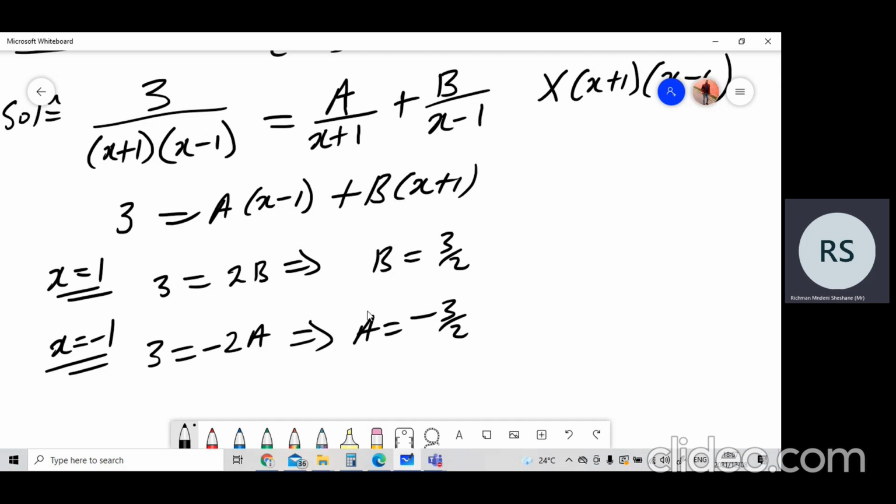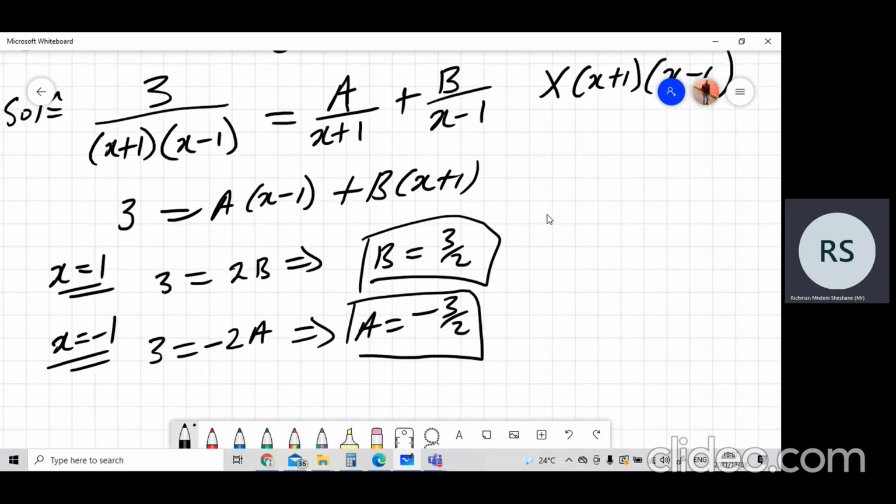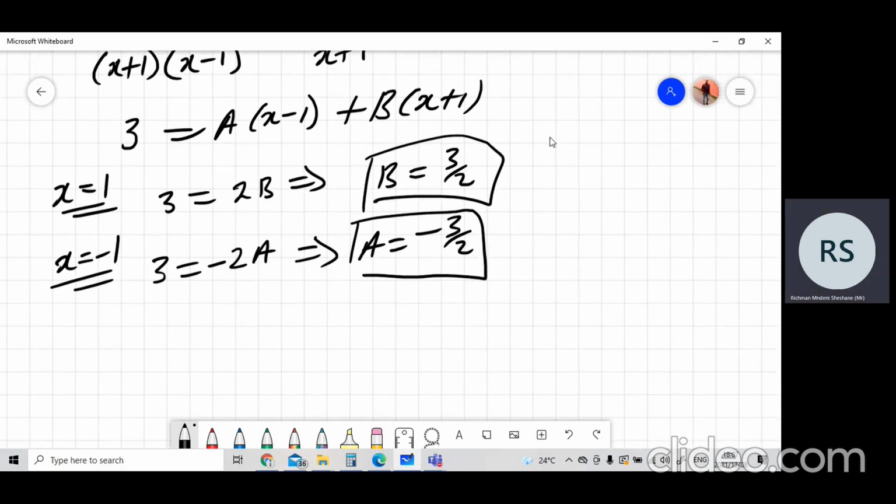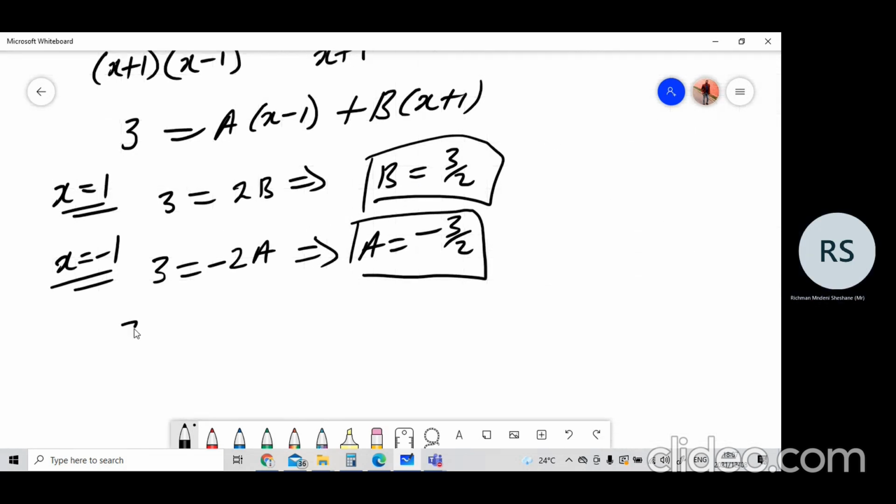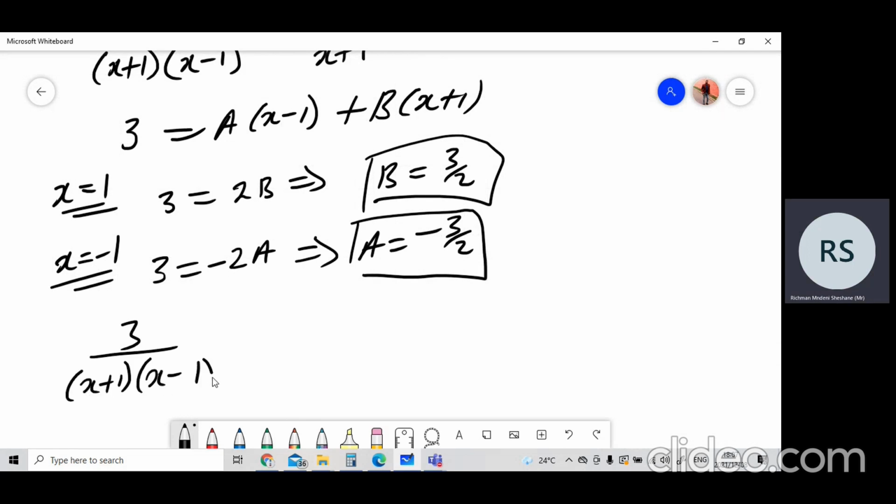Okay. Now I have both constants a and b, and then you stop and substitute them back here into your expression. So 3 over x plus 1, x minus 1 is equal to a over x plus 1, so my a value is minus 3 over 2 over x plus 1, and plus b over x minus 1.